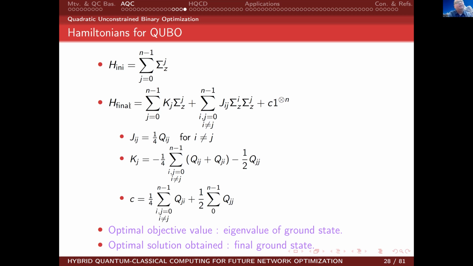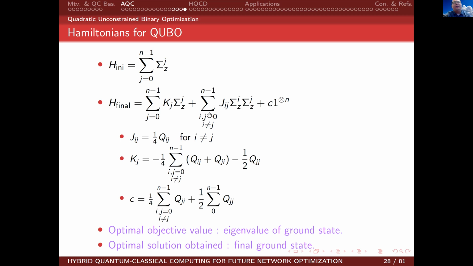So as I said, quantum adiabatic computing can solve different classical problems. The most important thing is how we encode our classical problem into the final Hamiltonian of the quantum adiabatic computing.